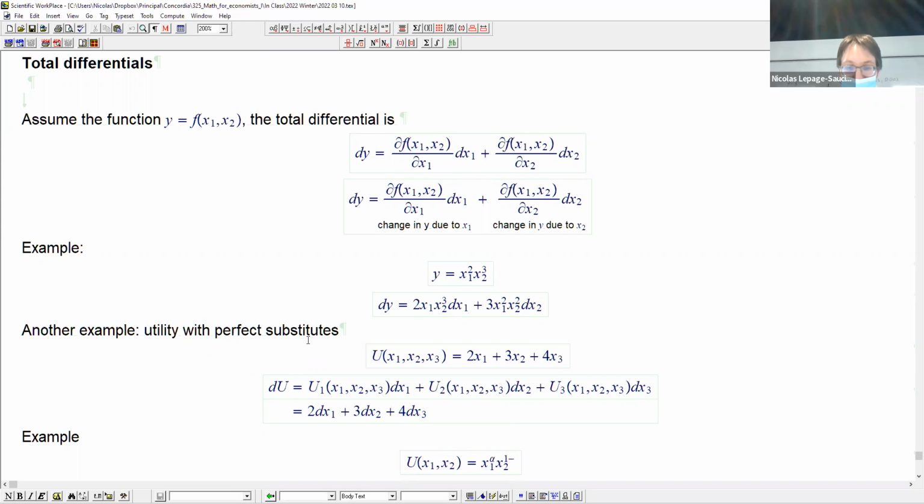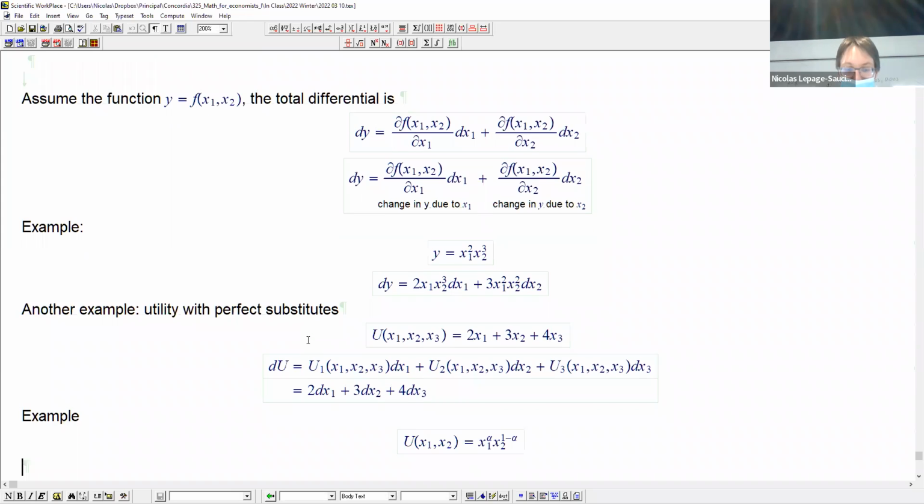So 1 minus, so compute the total derivative.